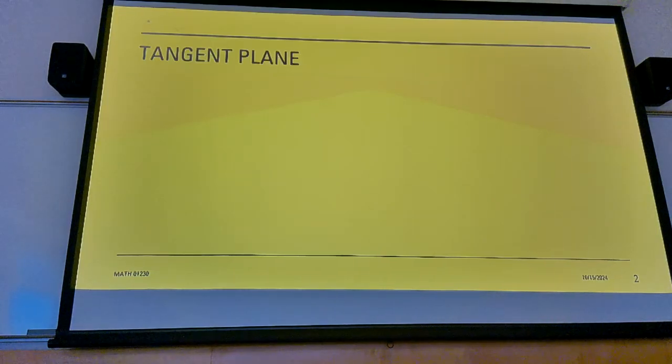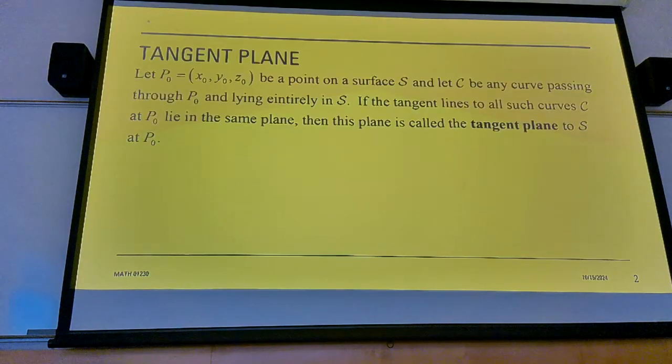It's just as it sounds. It is a plane tangent to the surface at a point. More specifically, it is the plane that contains all of the tangent lines to the surface at that point.